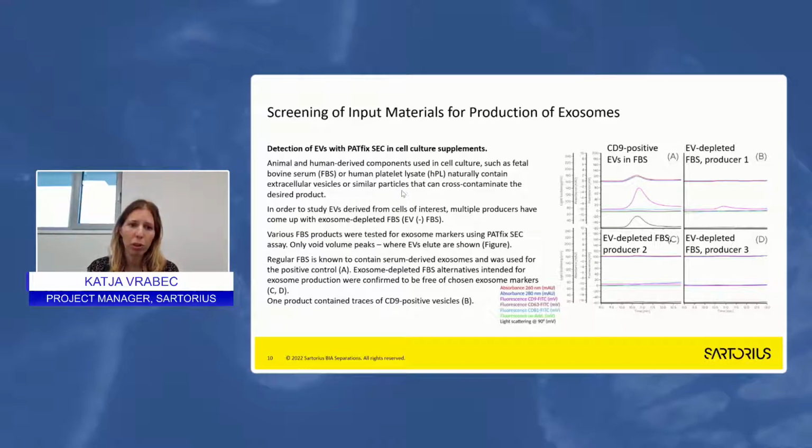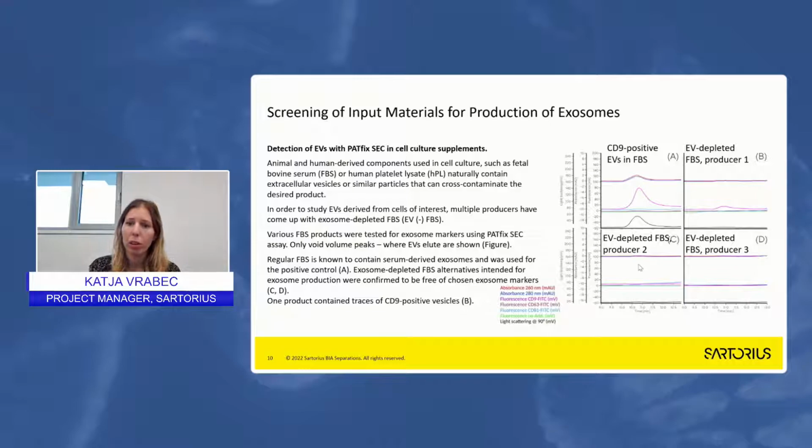In order to study EVs derived from the cells of interest, multiple producers have come up with exosome-depleted FBSs. In this example, various FBS products were tested for exosome markers using the PATfix size exclusion assay. On the chromatograms on the right, you can see only void volume peaks, so only the peaks where EVs elute.